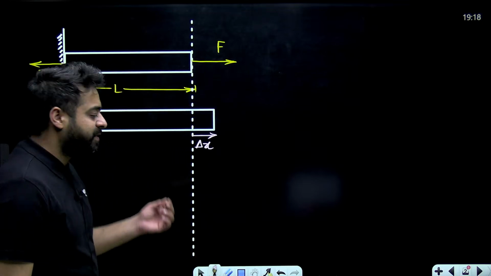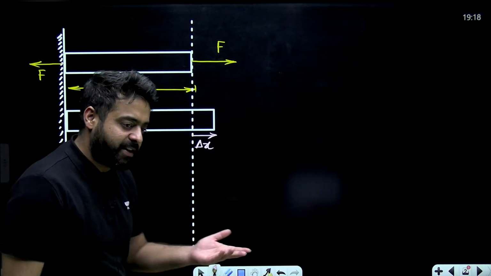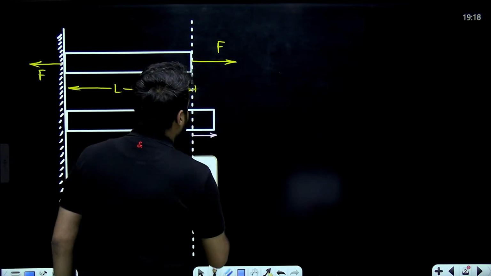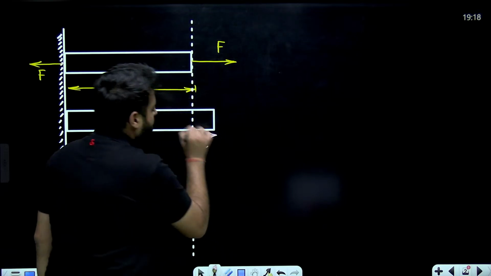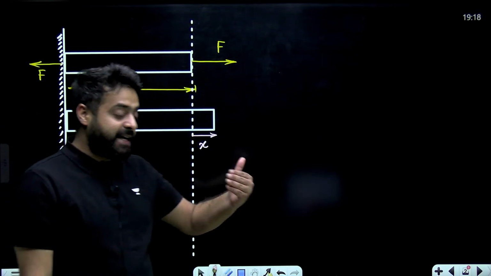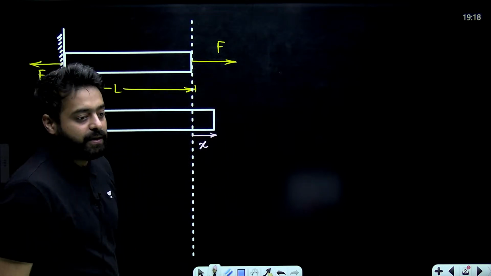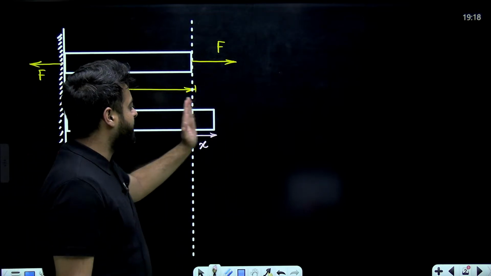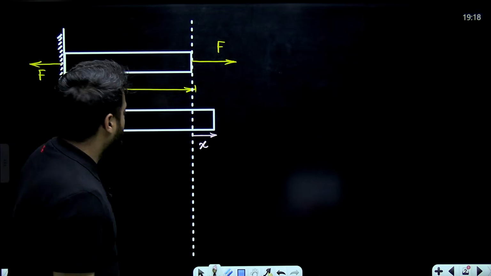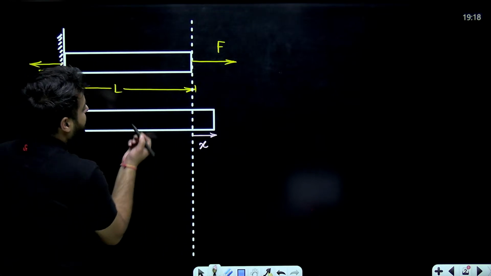or even, since the value is very small, you can write only x. So what is x? x is the linear displacement of this rod due to the force F. Its original length gets disturbed by some value x. What is happening inside the material?